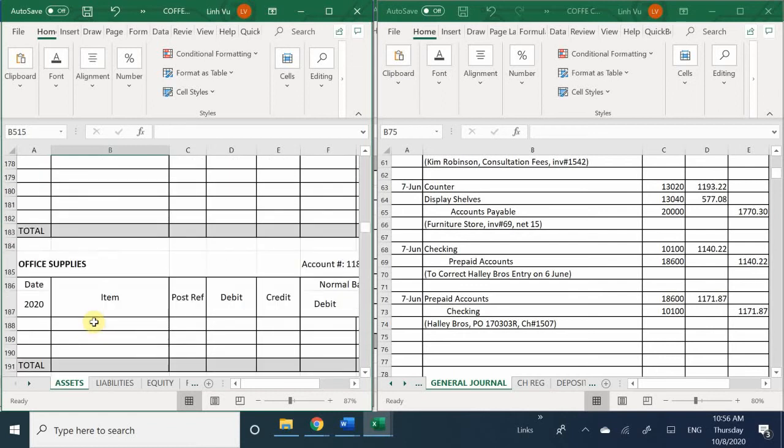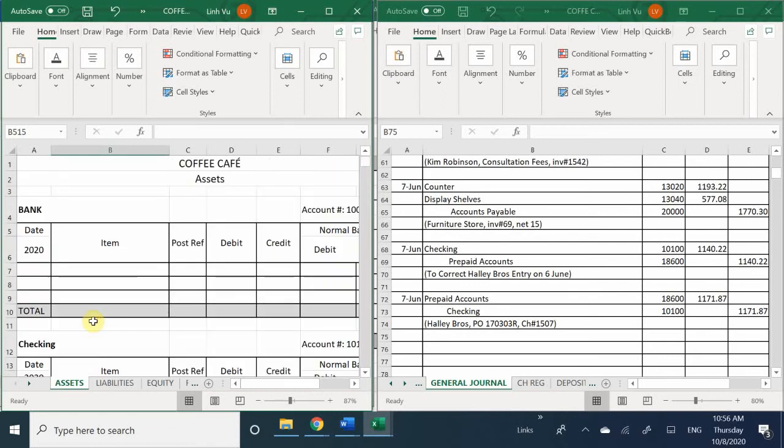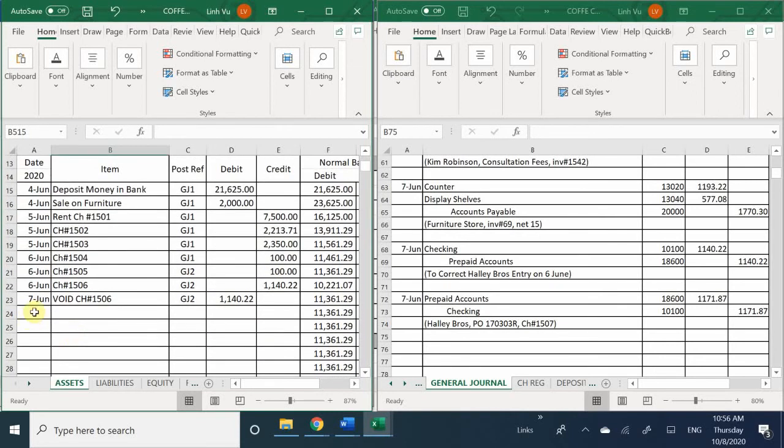All right. So now I'm going to scroll all the way back up to the top, page 1, and enter my new check, right? Because now it's no longer voided. It's check number 1507, right? General journal number 2.